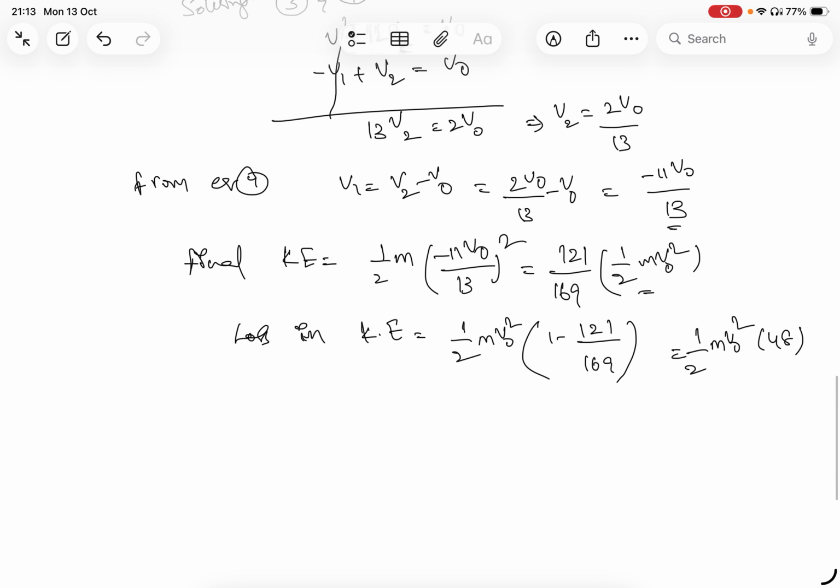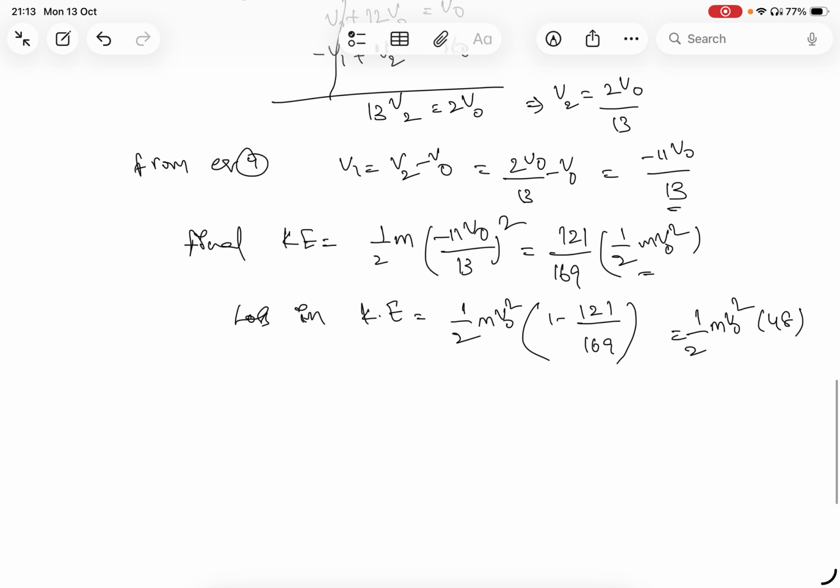Now we need to calculate the fractional loss. The fractional loss is the loss in kinetic energy divided by the initial kinetic energy, half m v0 square.